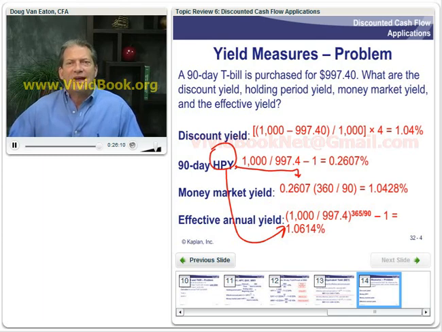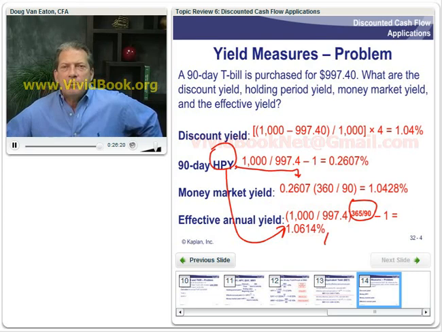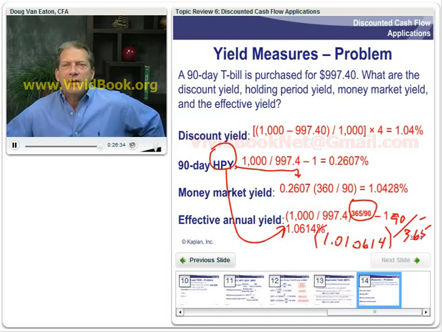Or if I have the effective annual yield, I can take 1 plus that, 1.010614, and take it to the power 90 over 365 minus 1, and I'll get right back to my holding period yield.